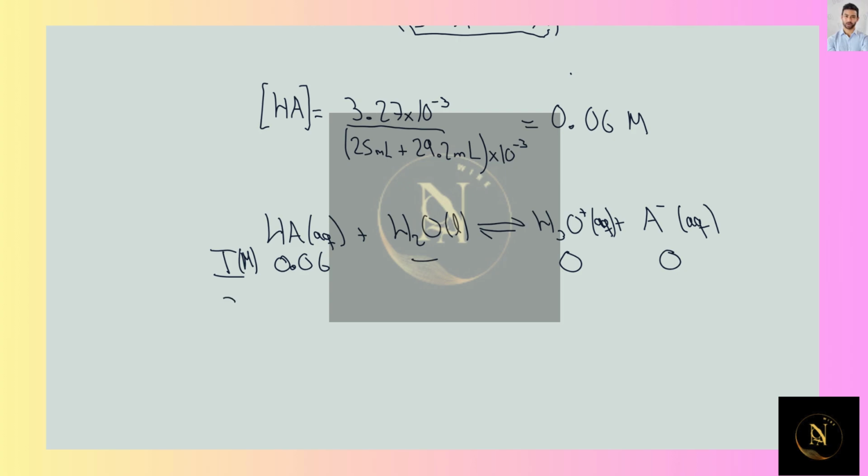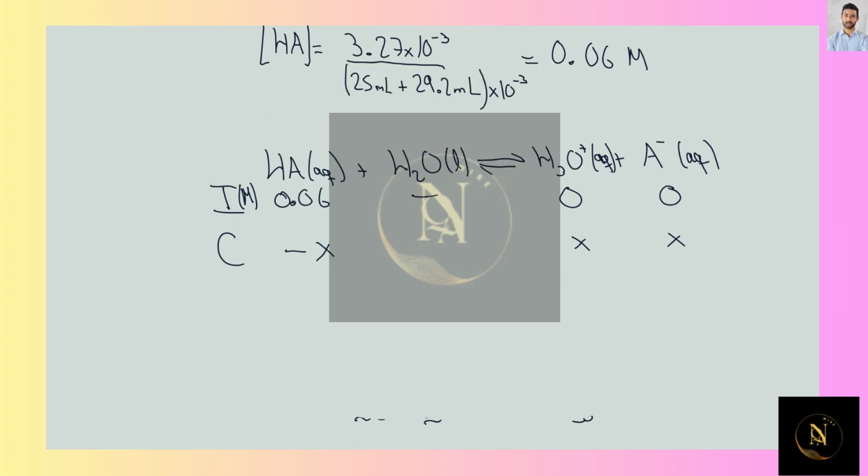So now the amount of change is going to be minus x. We're going to generate x and x of both of them. And at equilibrium, we have 0.06 minus x, x, and x.